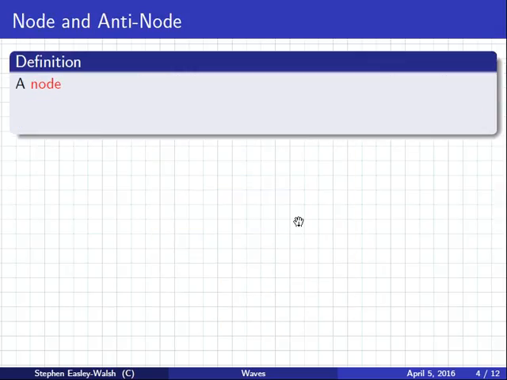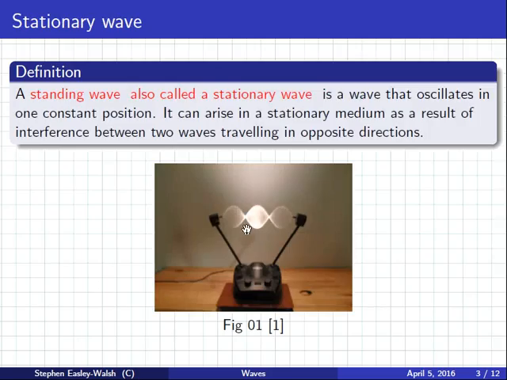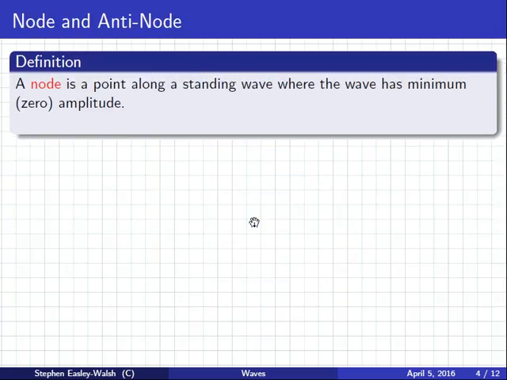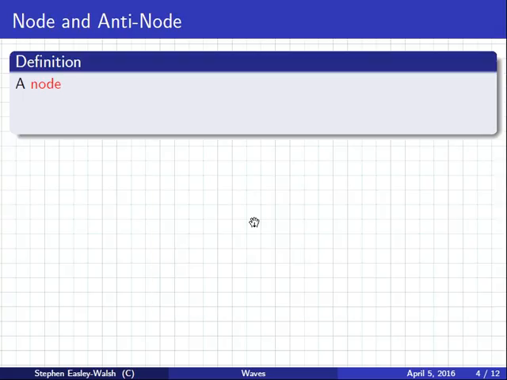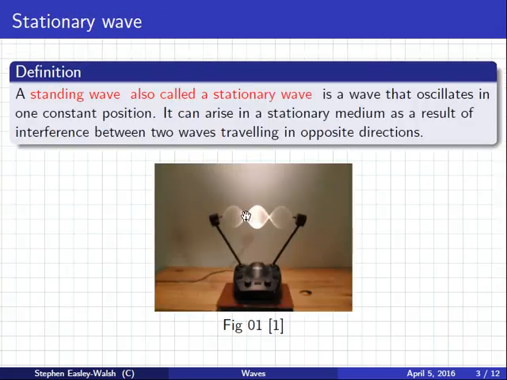All right. Now, on the diagram we have places called nodes and antinodes. So a node is the part where it has minimum amplitude. So you see this point here and this point here. It looks like the wave doesn't move there. But here in the middle, and here, this is where the most vibration happens.